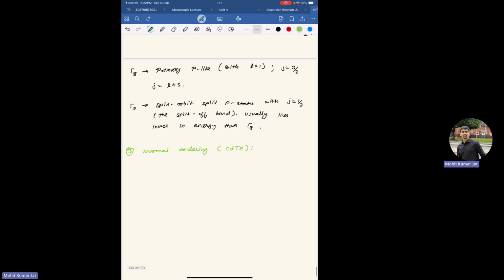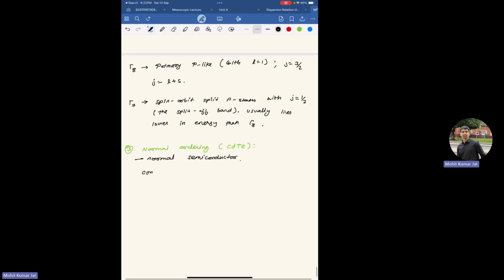The conduction band minimum occurs at gamma, going to gamma 6, S-like, and the valence band maximum occurs at gamma, going to gamma 8, which is P-like.